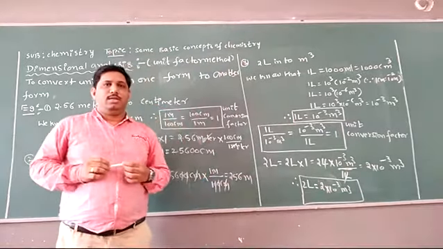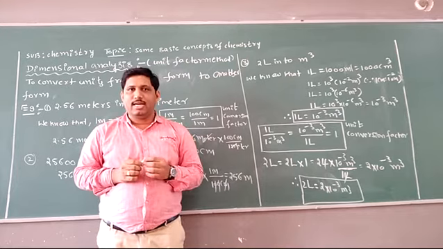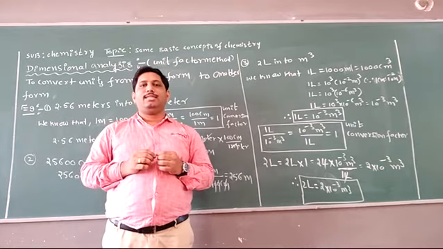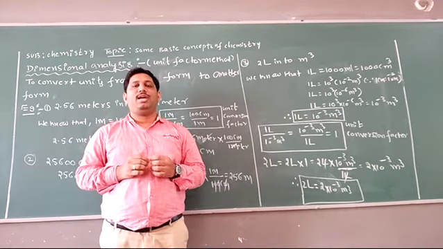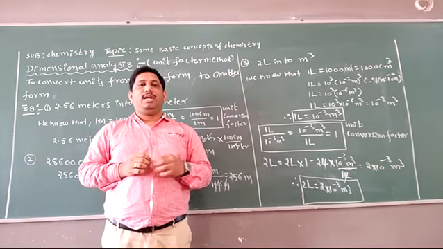Okay students, that significant figures topic is completed. Next, the last subtopic in this third topic of some basics of chemistry, that is dimensional analysis or the unit factor method.